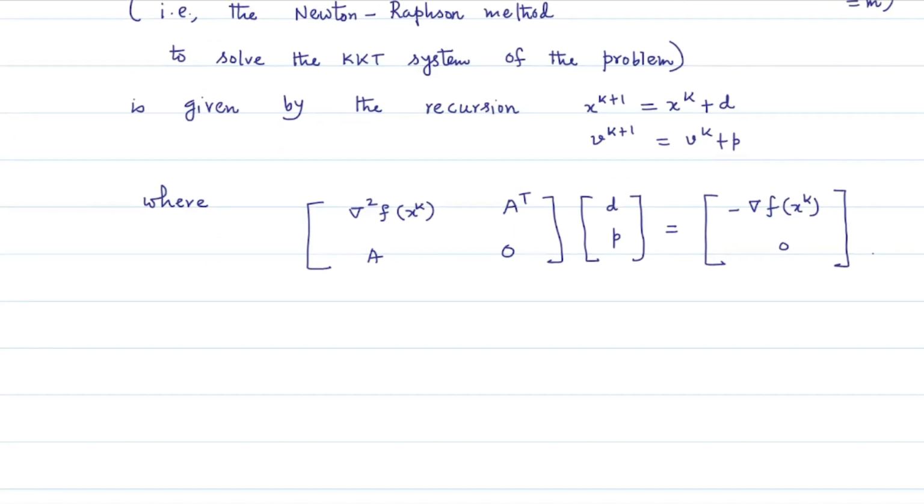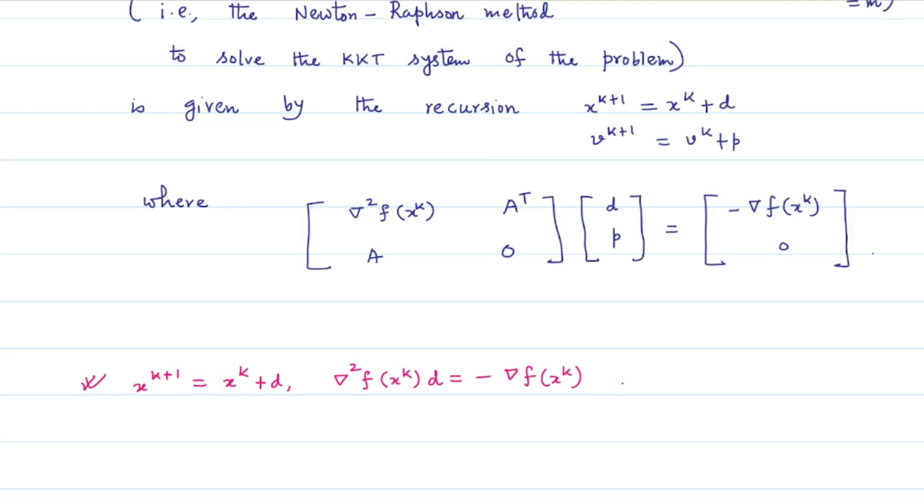So in comparison with the Newton method for unconstrained optimization problem, which follows the iterative sequence x k plus 1 is equal to x k plus d, where d is a solution of Hessian times d is equal to the negative gradient. This is the recursive formula in the Newton's method that we all know.